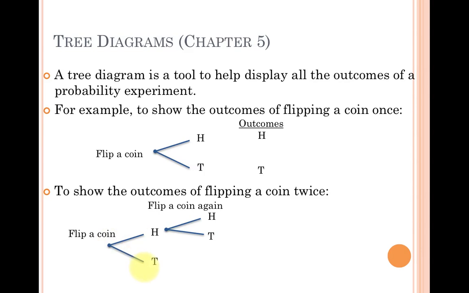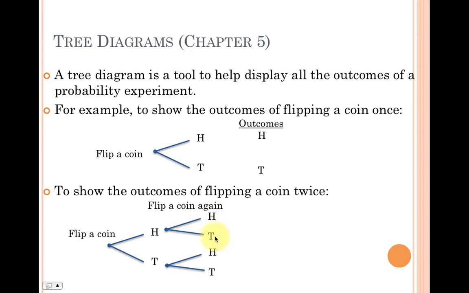If on the first flip we got tails, then when we flip it the second time we can get two other possibilities, heads or tails. So this is a tree diagram where we flip the coin twice. We branch off the initial event, flipping the coin the first time with heads or tails, and then we branch off each of those events when we flip the coin a second time with heads or tails.